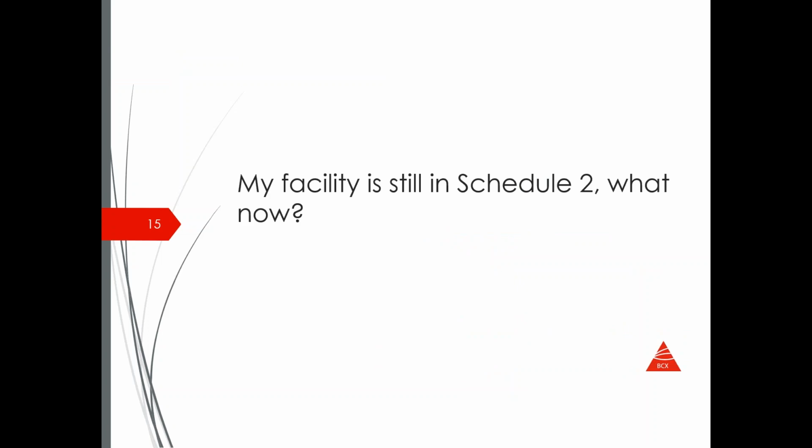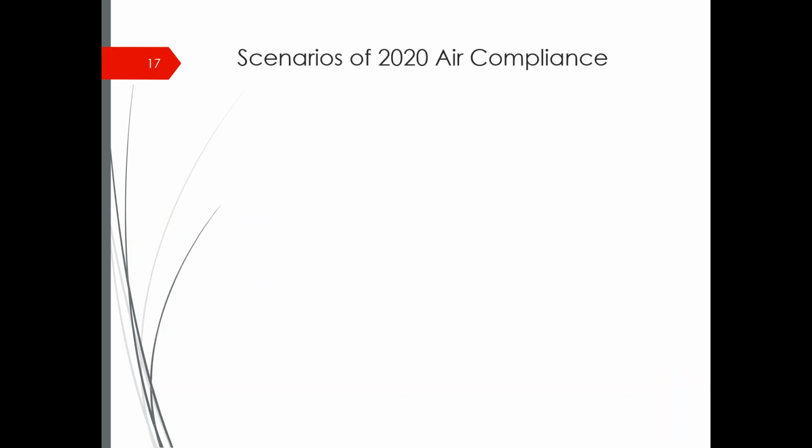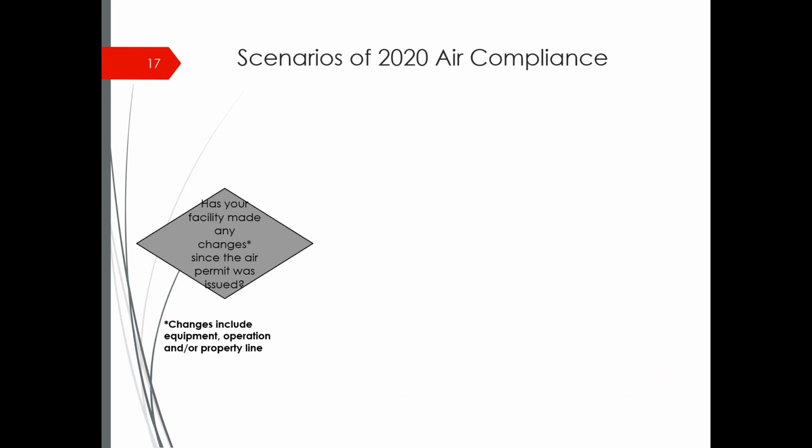So for those who are in Schedule 2, what do you do? Let's take a look at some of the compliance scenarios. The first question you want to ask yourself is, has your facility made any changes since the air permit was issued? Changes could include equipment, operations, and/or property line.